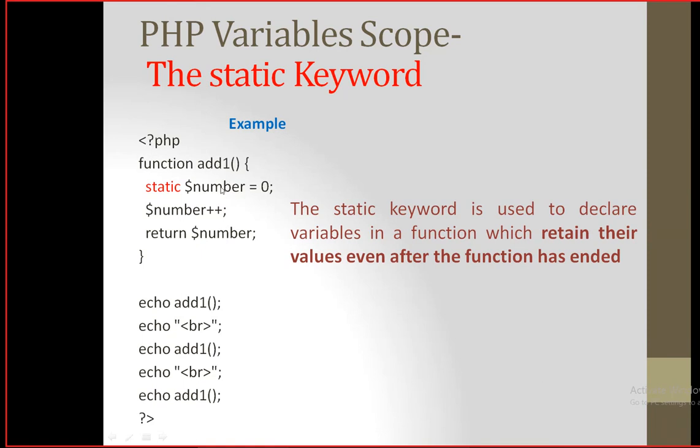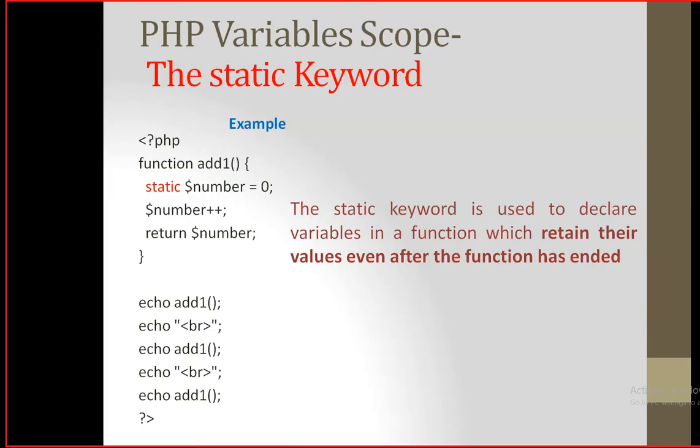So the scope of this variable by default is this function body. But if we declare that variable as static, then we are able to retain their value even after the function has ended. I mean, the body has ended, right? So that is the use of static keyword.